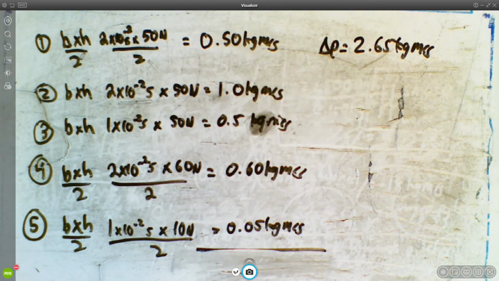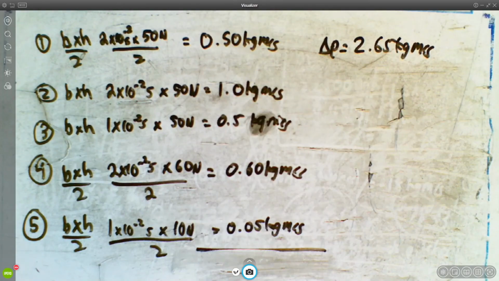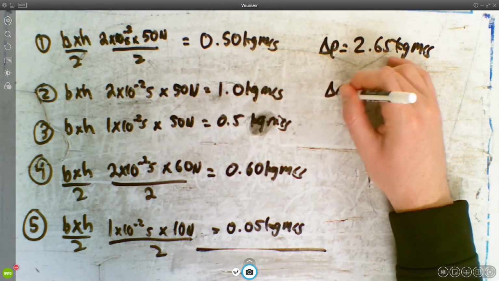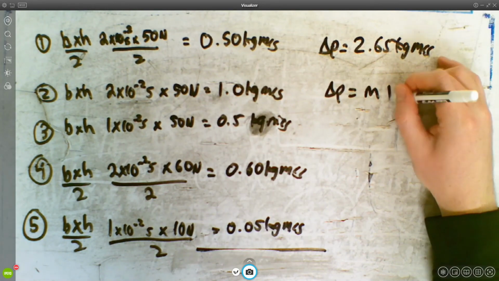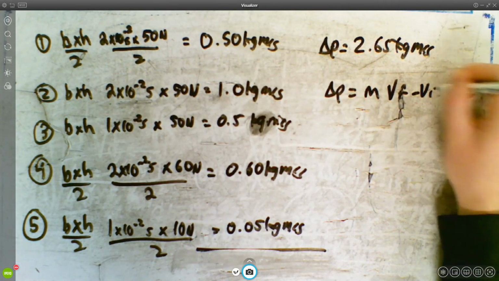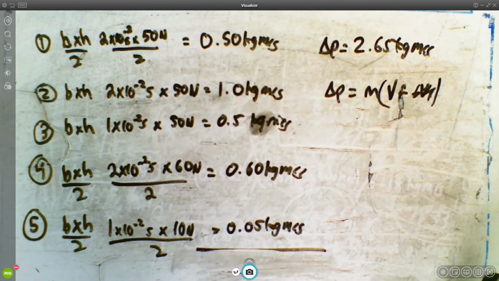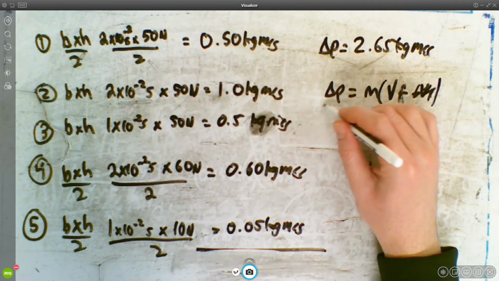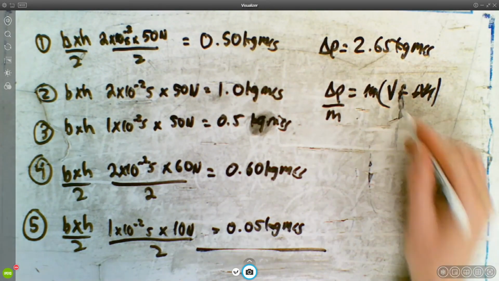Okay, the second part of this question says, assuming the puck starts from rest, what is the final speed of the puck? So to do that, we can just use impulse equals our mass times change in velocity, so that's final minus initial, right? It starts from rest, so this is 0. So really all you have to do is take that impulse divided by the mass, and we get our final velocity.